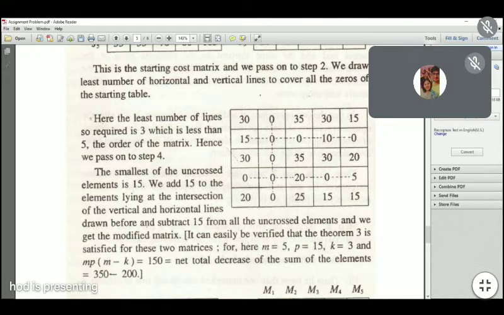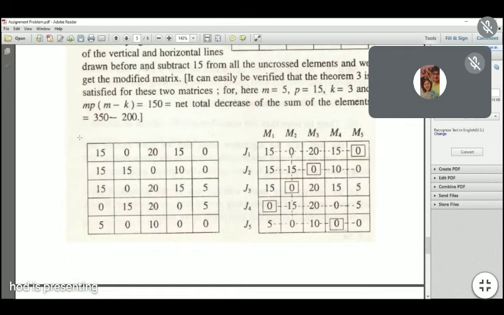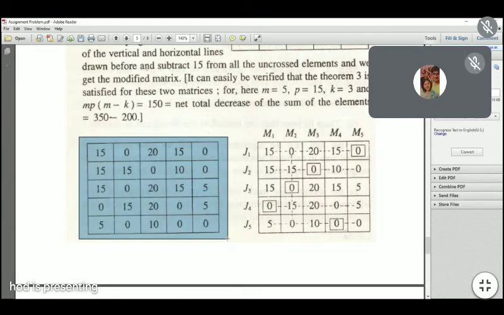After doing this process, the one that I described right now, you will get this matrix. And now look at this matrix. Now see, all the zeros are spread around.